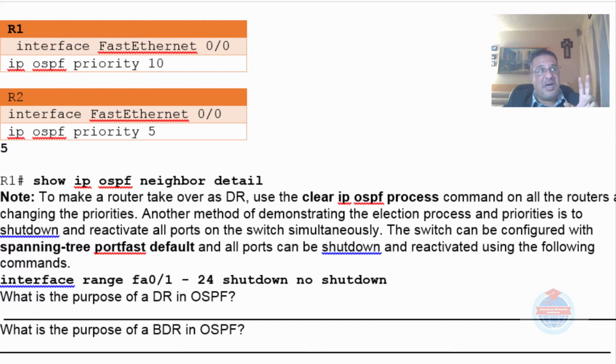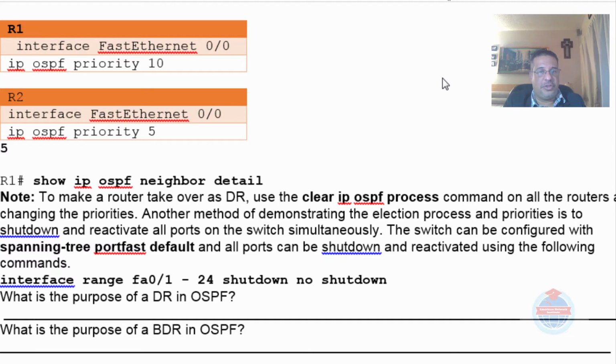The BDR is going to maintain it, and it's not going to send hello updates unless the DR fails. DR and BDR serve as the central point to exchange routing information, guys. If for any circumstances the DR goes down, the BDR promotes itself as DR immediately. Got it? I hope that you understand this process, guys.